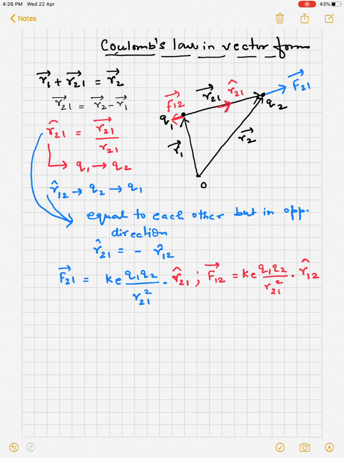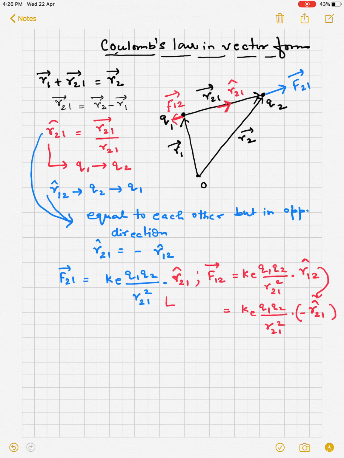So we can write KE Q1 Q2 upon R21 square into minus of R21 unit vector. We have changed this unit vector.